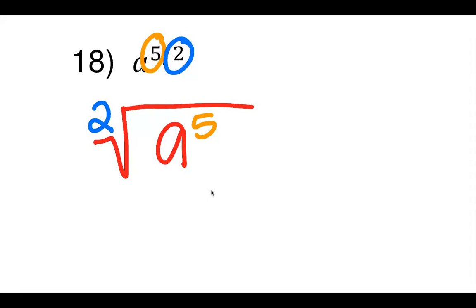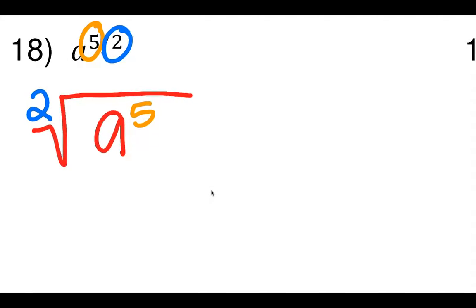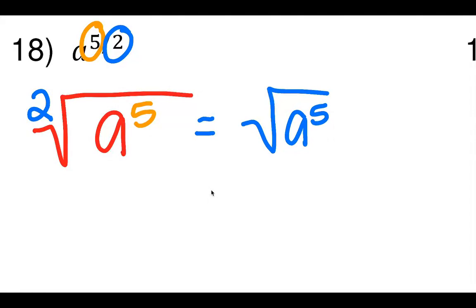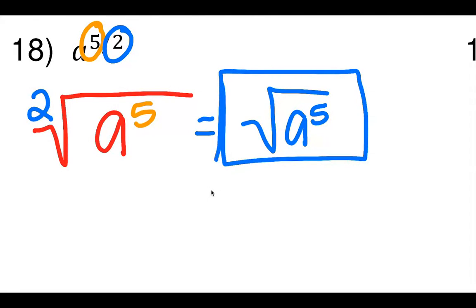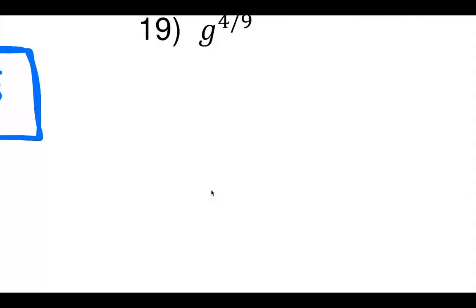So that is not necessary to put. So this would be a fine answer. If you see it on a test, though, you're going to see it like this. They're both the same thing. This is most correct, though. So if you got answer choices or something, that's what it's asking for.